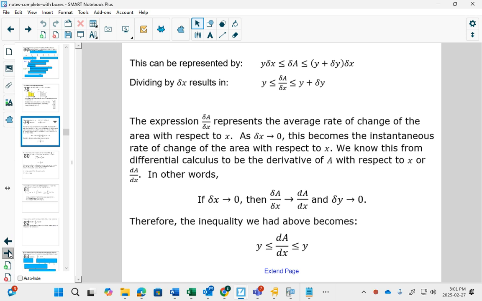Change in area over change in x represents an average rate of change of the area. If dx goes to 0, that would represent an instantaneous change in area, and an instantaneous change in area would be your derivative. So as the dx goes to 0, this becomes the derivative.